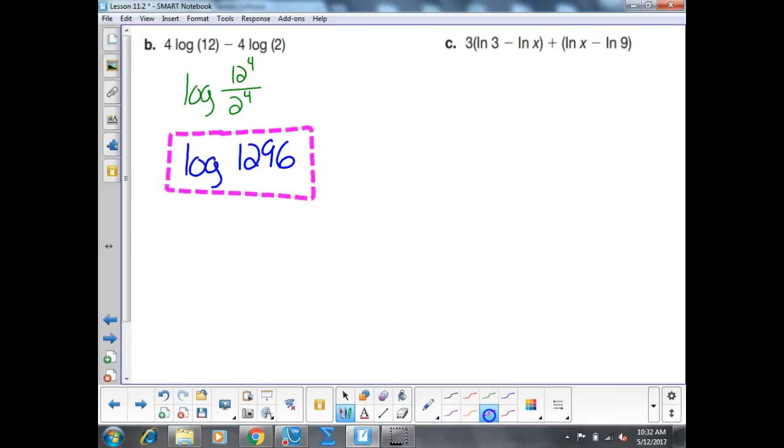Now, C is a little more complicated. So, first, I would deal with these two. That becomes 3 times the natural log of 3 over x plus the natural log of x over 9.